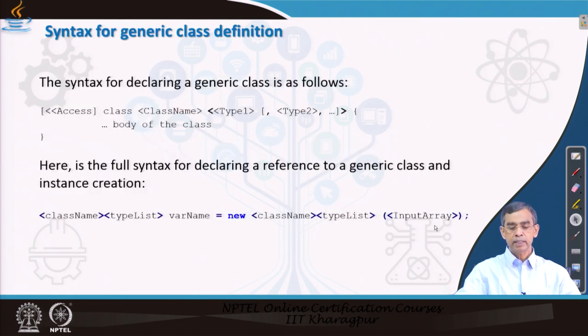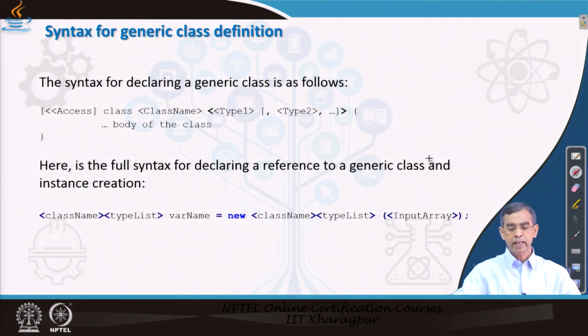The syntax for these things here is very similar to the concept of defining a generic method. So, what we can do is that a class can be declared as generic by specifying a template for it.